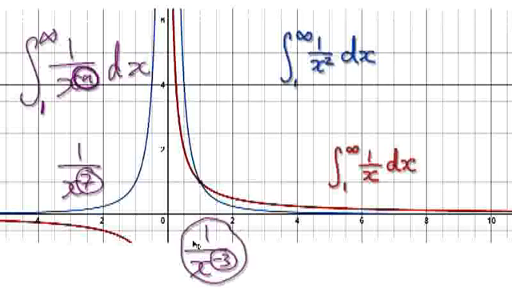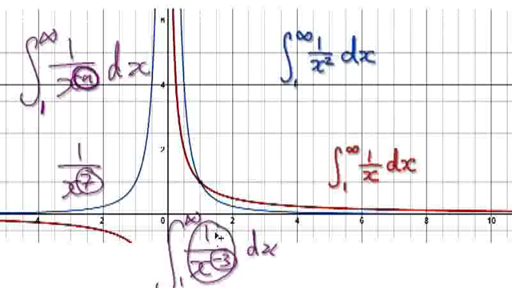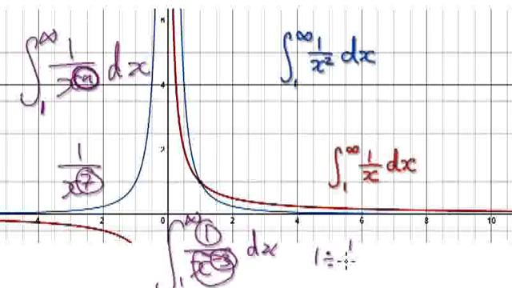Well, if you try and integrate this from 1 to infinity dx, you've got 1 divided by x to the power of negative 3. I'm going to rewrite this bit as x to the power of 3. So it's 1 over x to the power of 3.